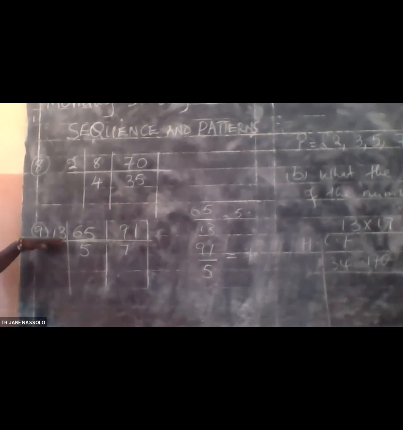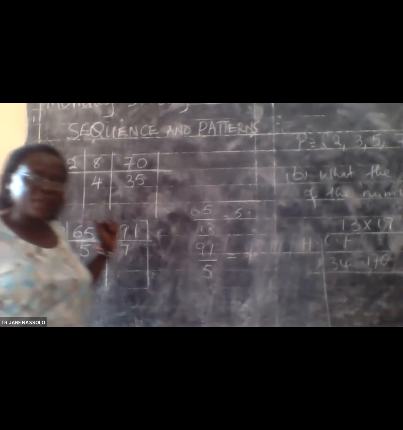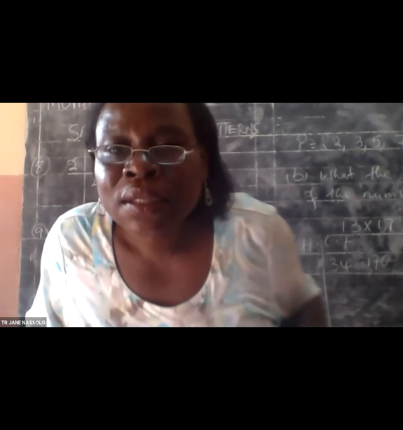So we used the prime factorization, looking at the numbers before 13, all of them were not factors of 65 and 91. Until we came to 13, that was a common factor for 65 and 91. So the number for which 65 and 91 are multiples is 13. So that is the explanation for number 9.